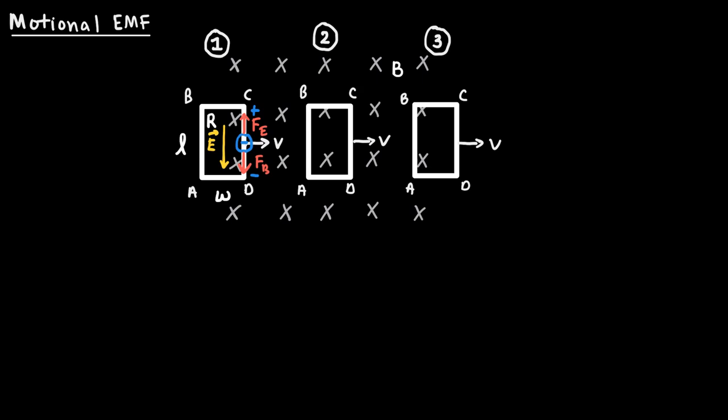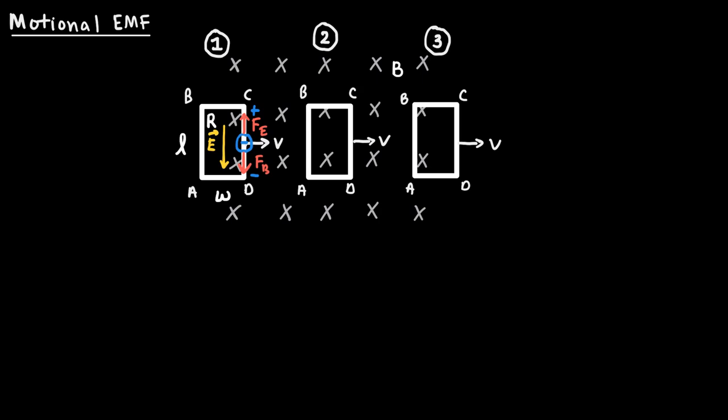And so as the charges separate at points C and D and that electric field gets created, eventually the electric field will be strong enough that the electric force and the magnetic force that are exerted on that electron will be equal to one another. And the moment that happens, the charge no longer flows, but at points C and D, there is an established potential difference that exists across those 2 points.